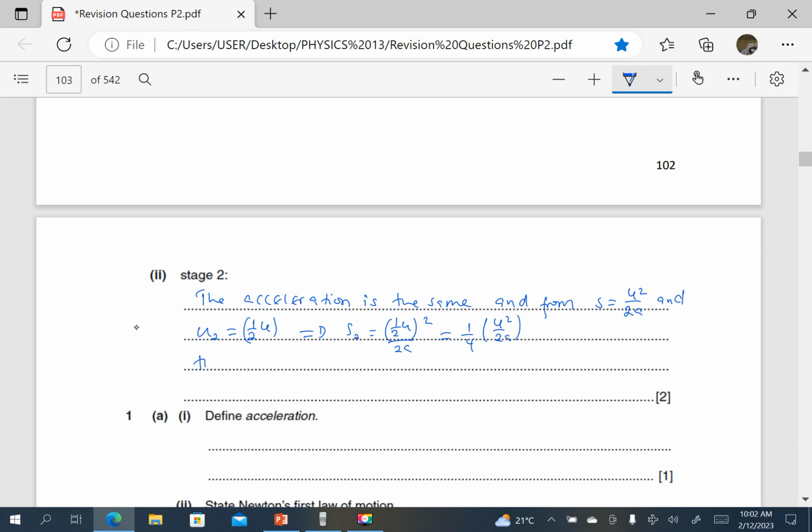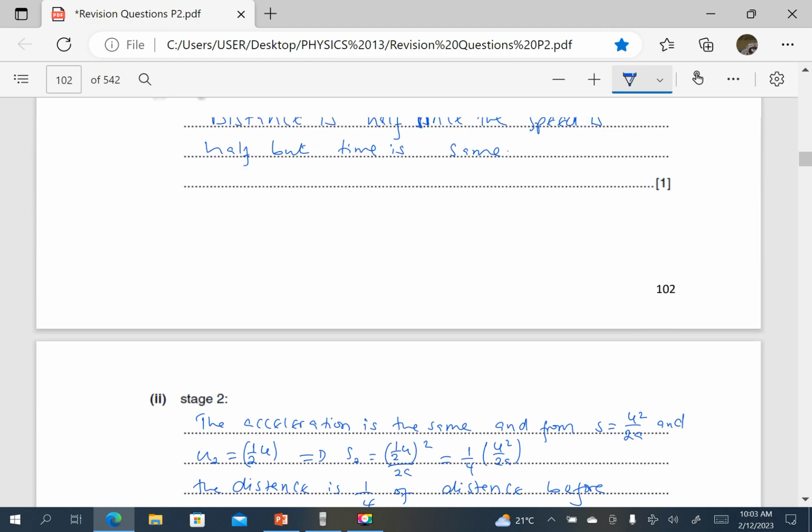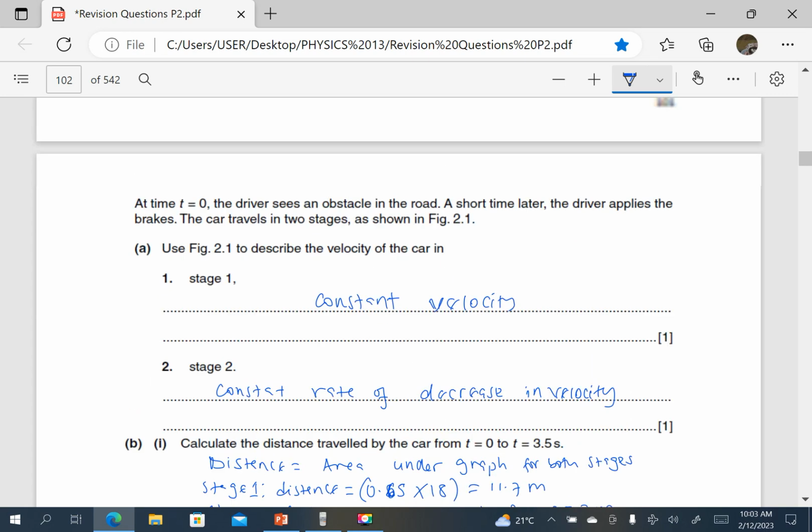So the distance is going to be a quarter of the distance before. So the distance covered, if the velocity is halved, is going to be a quarter of the initial distance.